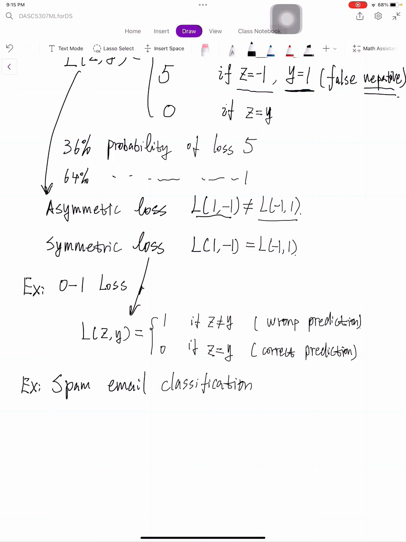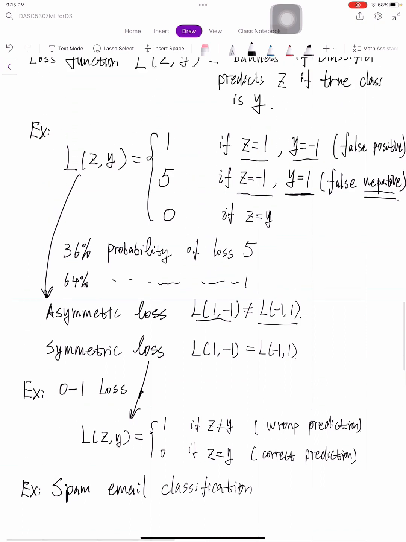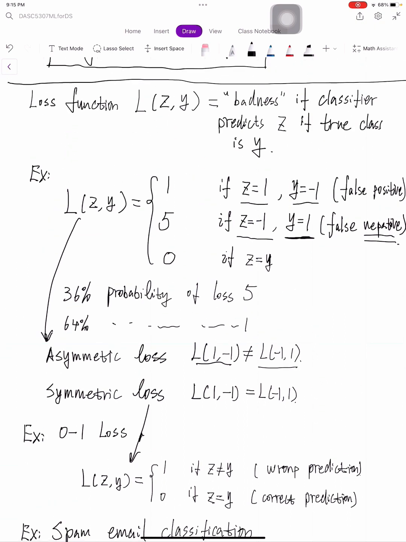For this case, maybe putting a good email in the spam folder has more serious consequences, and is worse than putting a spam email in the inbox.